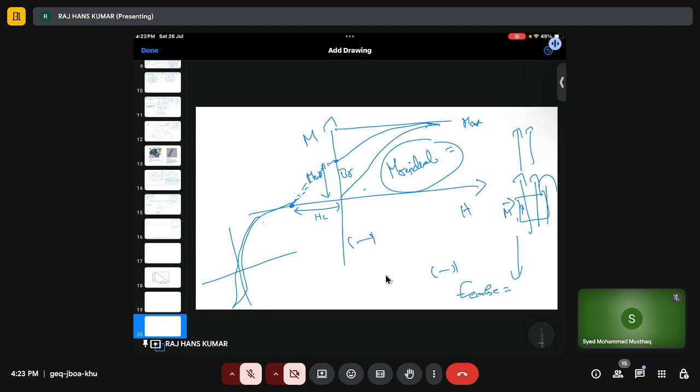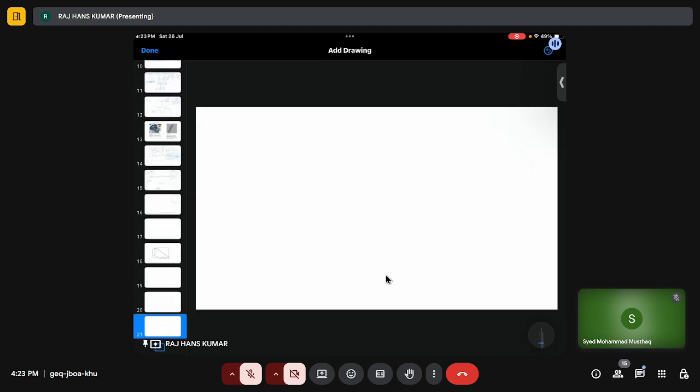Now moving on to the question of why nanoparticles show superparamagnetism. Coming to this graph, you will have Hc coercivity and you will have grain size.